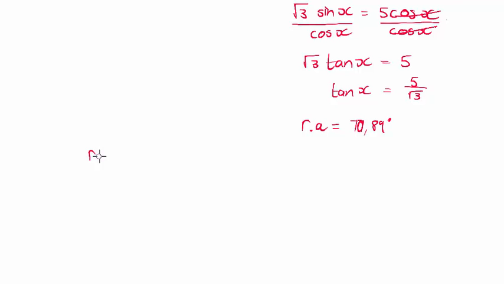And now my general solution for tan is lovely. I love the general solution for tan because it's just the reference angle plus 180 degrees times k. So my general solution is that x is equal to whatever is there. That's what comes on the left hand side.